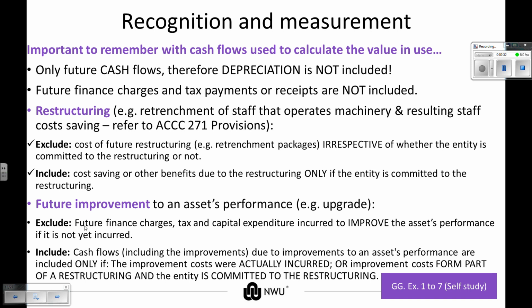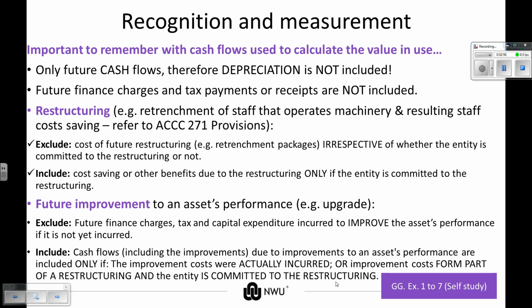So I cannot include it in my future cash flows because I haven't incurred it. However, I will include the cash flows if the improvement costs were actually incurred, or the improvement costs form part of a restructuring and the entity is committed to the restructuring.